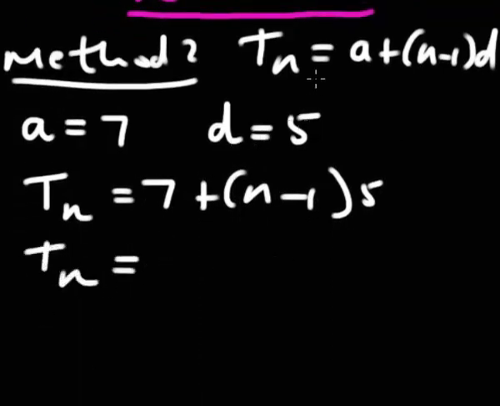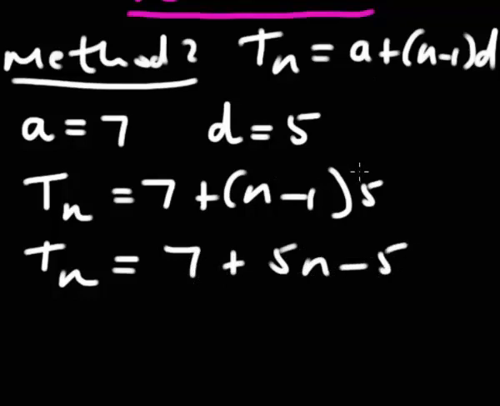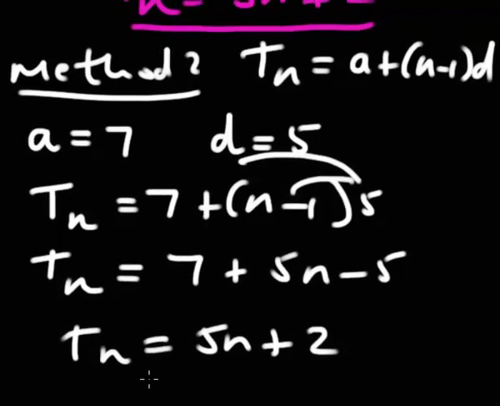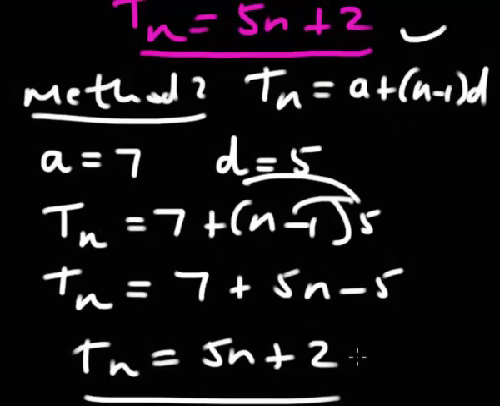And in fact, we call this linear pattern arithmetic in sequences. But it's good to know this, and I'd encourage you to learn method 2 now. Method 1 is great for grade 10, but we move on to more sophisticated methods in method 2. So it's 7 plus 5n minus 5 if you distribute. So Tn would be 5n plus 2, exactly the same as that there.